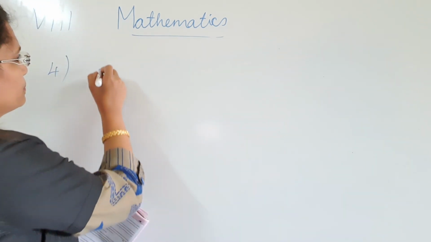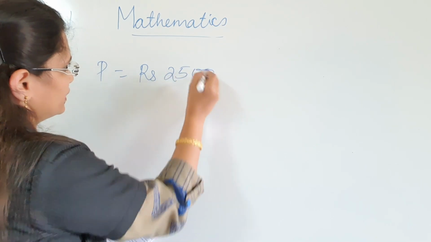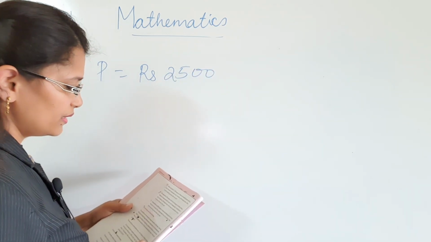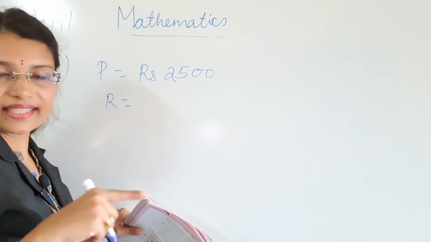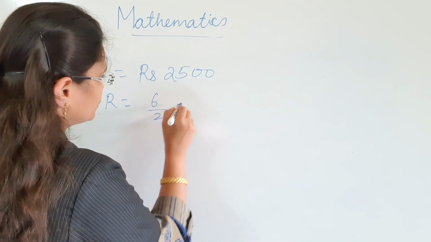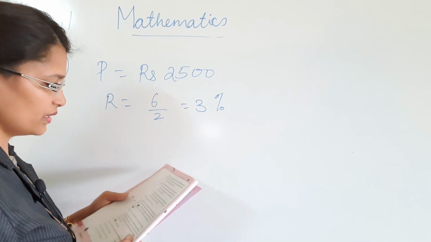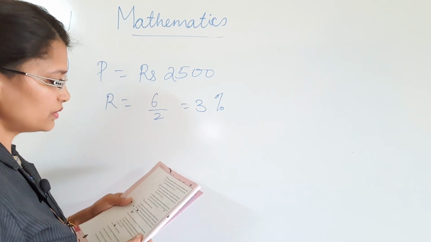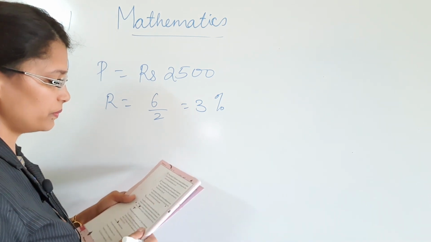So, here principal amount is equal to rupees 2500 and then rate of interest, annual rate is 6%. So, here 6 by 2 is equal to 3% half yearly, right? On the 1st of July, he deposits 2500 rupees more.